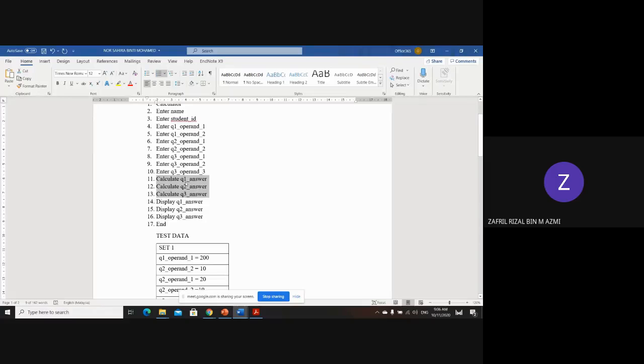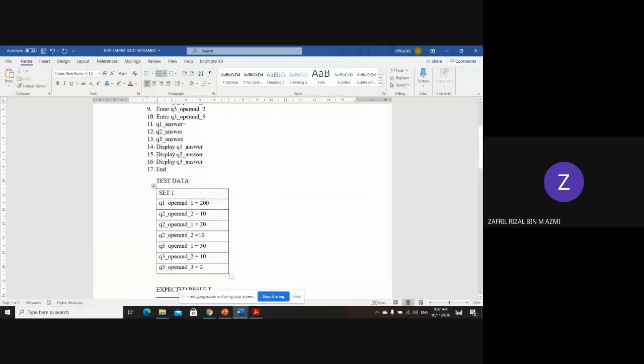Unless it involves a decision, then Q1 calculation may have more than one different calculation. So this one you need to write down the complete calculation. Calculation of what?